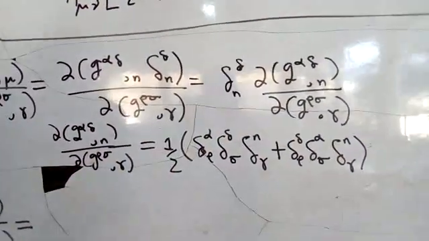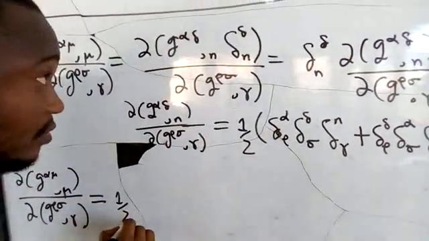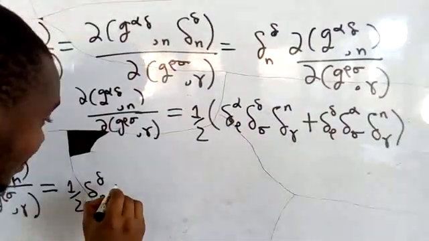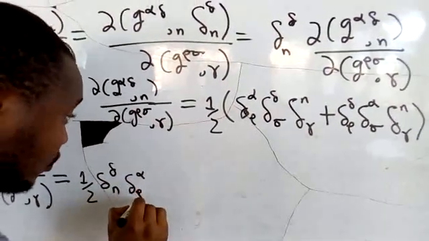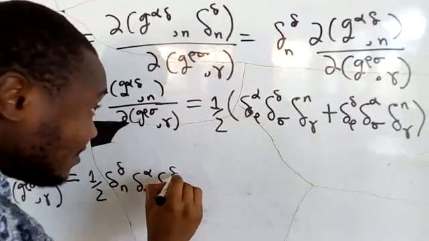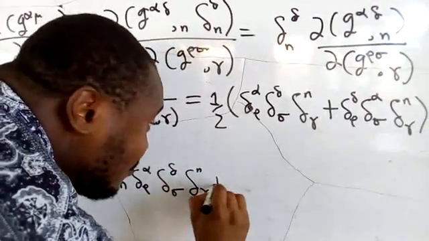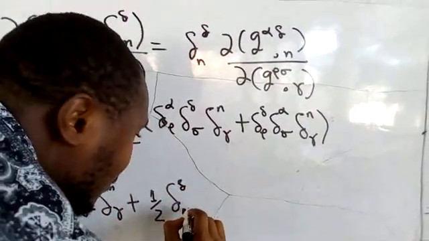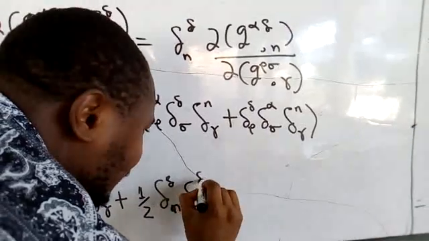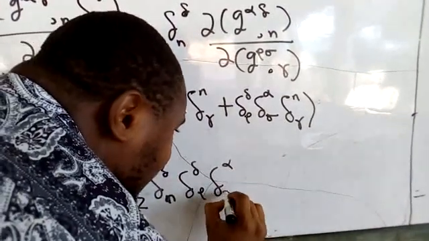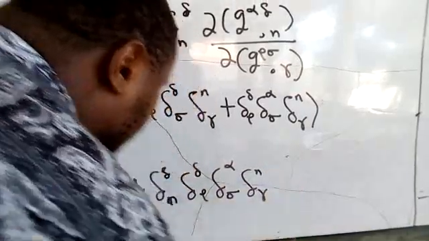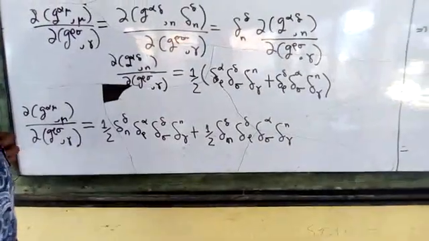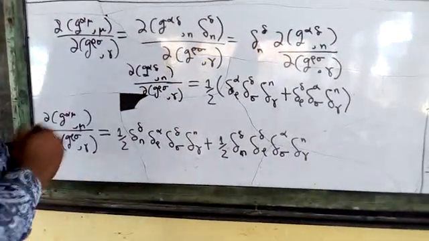So I'm going to simply multiply through 1 all over 2, and for that I have Kronecker delta alpha rho, delta of sigma delta, delta of n gamma, plus 1 all over 2, the same Kronecker delta of delta n. I have the Kronecker delta of delta rho here, Kronecker delta of alpha sigma, Kronecker delta of n gamma. Okay. Without being redundant, I'm going to try to compress this into 1 or 2 things that are similar.